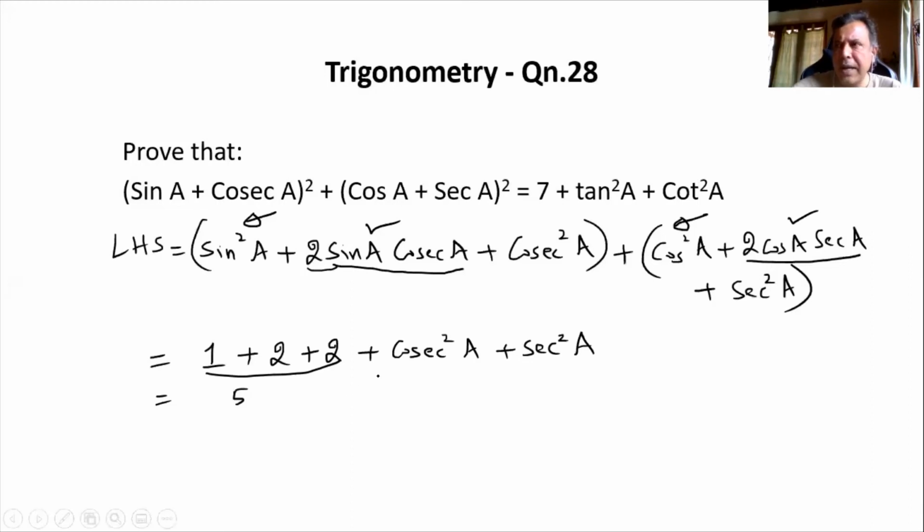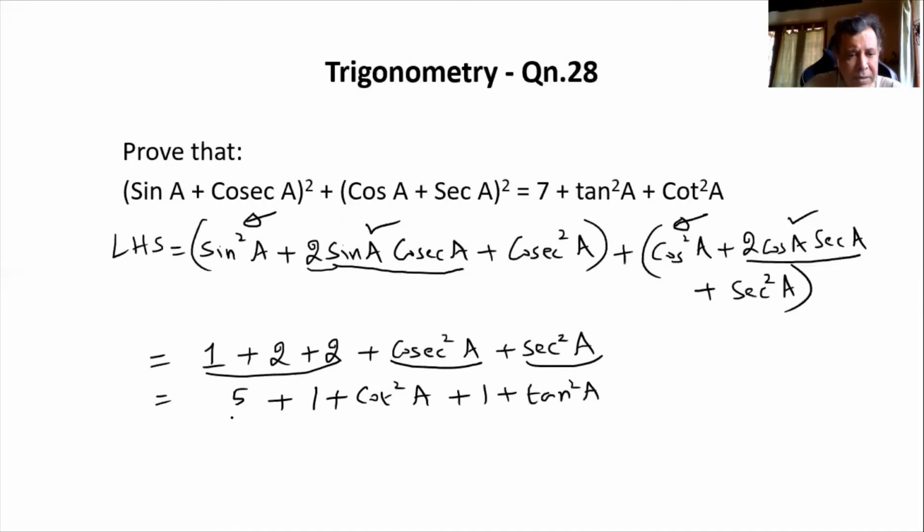Using the trigonometric identity, third trigonometric identity, cosecant square A can be written as 1 plus cot square A. Similarly, second trigonometric identity, secant square A can be written as 1 plus tan square A. So that means if we add these three, we have 7 plus cot square A plus tan square A, which is nothing but our right hand side.